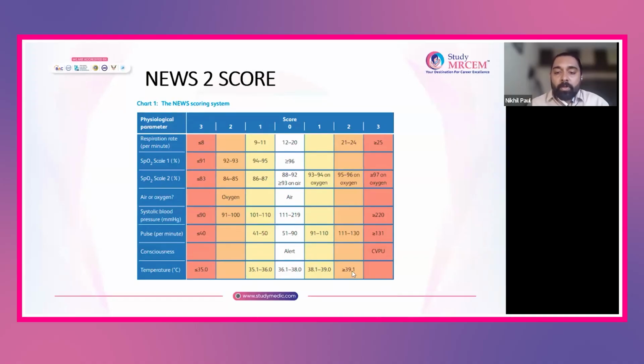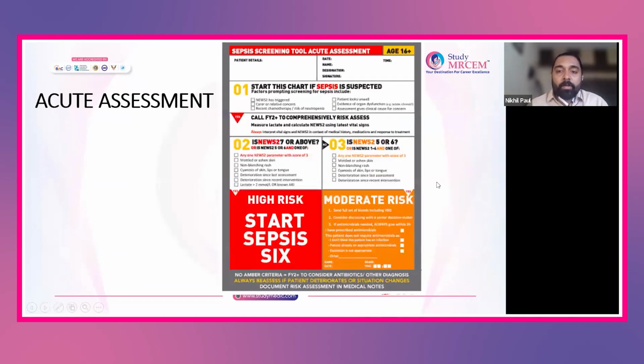And the intermediate score, as you can see, 38 to 39 is 1, and more than 39 is 2. So aggregate score of 5 triggers the NEWS 2. NEWS 2 trigger gets triggered when the score is more than 5. Now we have two more things related to the NEWS 2 we will see later.